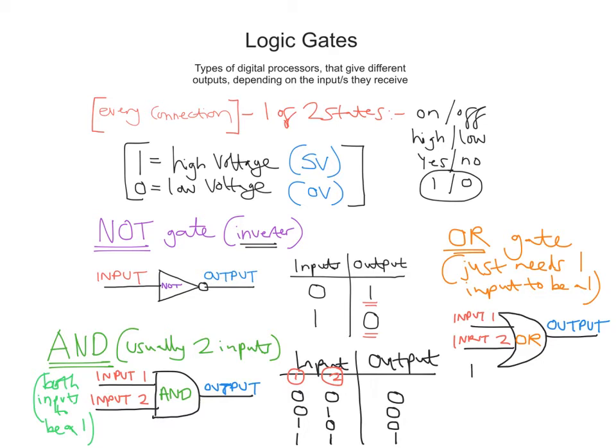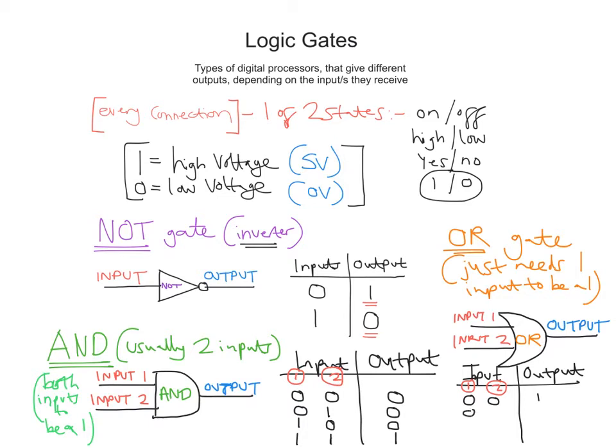So if we were to draw the table of input and output, again we've got 4 possible combinations. So let's refer to input 1 and 2 here. So our 4 combinations, if both of these were 0, the output would be 0.